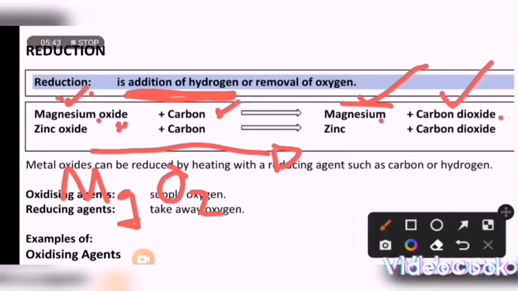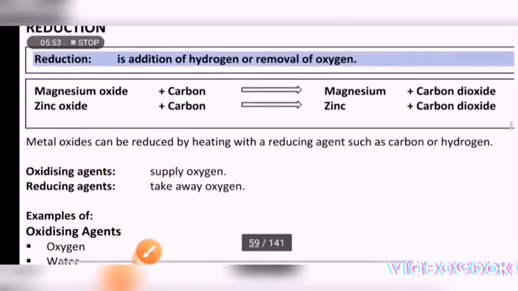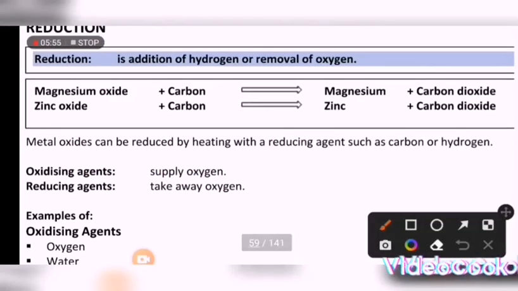I think you are assisted on reduction, oxidation, and also redox reaction. Right? What is an oxidizing agent? An oxidizing agent is an agent that supplies oxygen. What is a reducing agent?